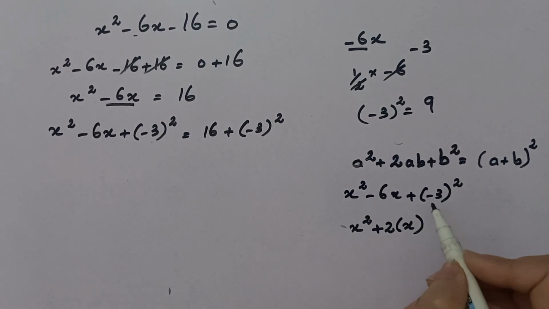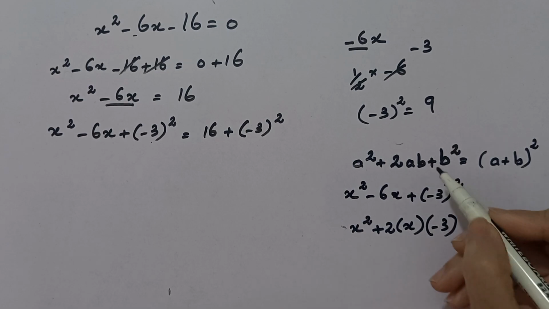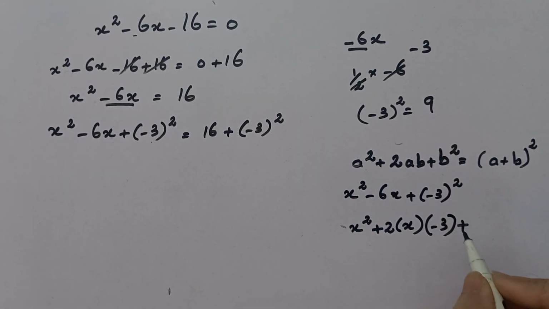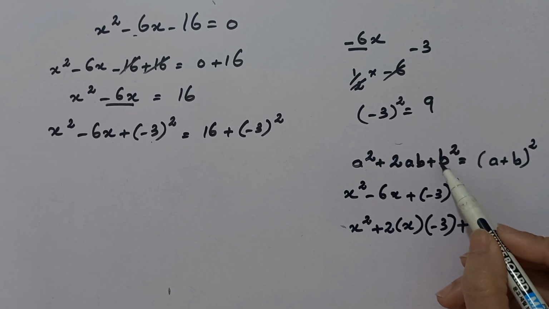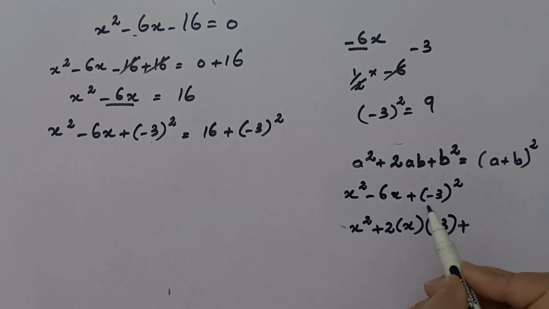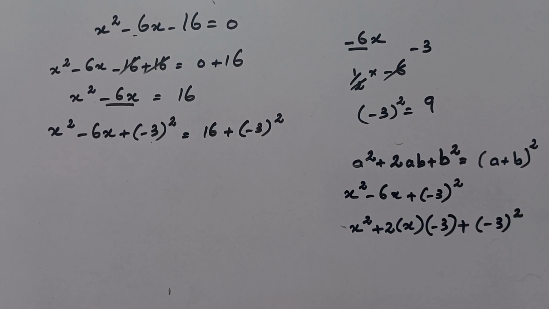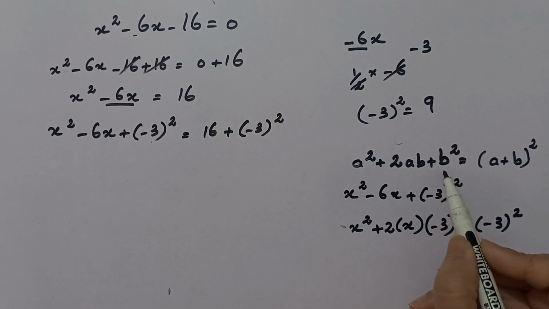In this expression, the third term is minus 3. So we write minus 3. Then we write plus, and then we write the third term square. Here the third term is minus 3 square. So we write minus 3 square. So we have converted this expression in this form.